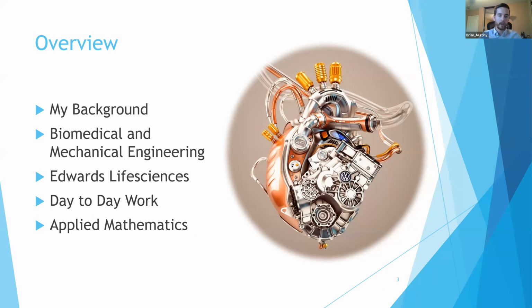Then I'll talk about Edwards Lifesciences, who we are and what we're working on. Briefly, I'll go over my day-to-day work, a list of what an engineer does in my shoes. And then we'll move on to that applied mathematics problem I was referencing before.